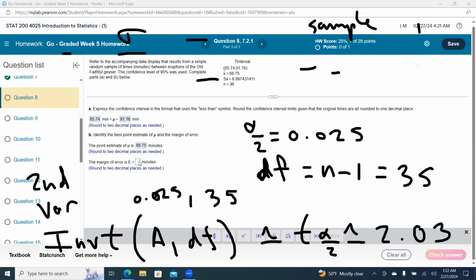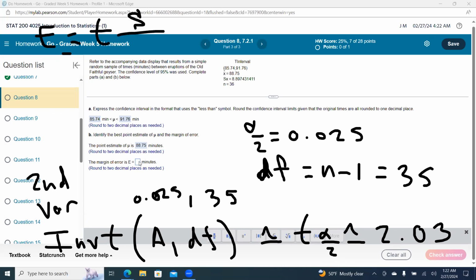Let's erase all this up top. So if they say find the margin of error, what is the margin of error? Sometimes they give us the margin of error, but they did not. So it's t times S divided by the square root of n. So it equals 2.03 times S, that whole thing. I am going to type in the whole thing, but I'm not going to write it. Divided by the square root of n.